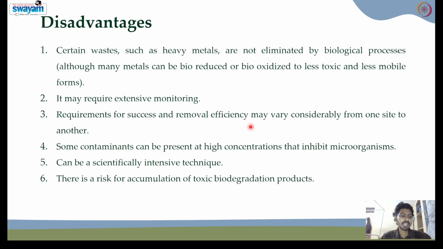The first is the soil type that we are handling, because the soil morphology and content may vary from place to place. Also the temperature and pH of the atmosphere determine the progress of the bioremediation, and the nature of the contaminants present also determines the success of bioremediation. So it often varies from one site to another site.